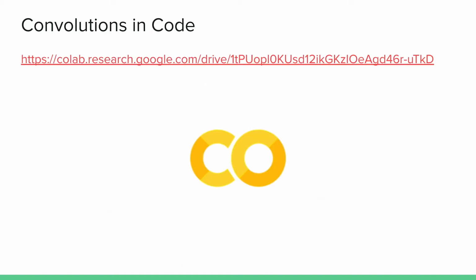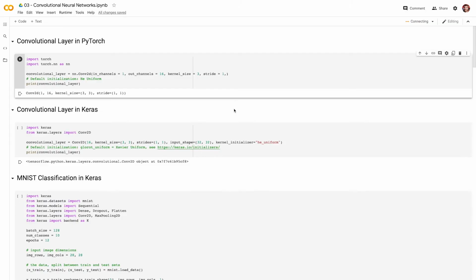So let's take a look at how this actually looks in code. I'm now in Google Colab, and what you can see here is a small example that I've prepared for two of the most popular deep learning frameworks that I'm using. There are a bunch of deep learning frameworks, so feel free to use any of them. I will be showing you most of the examples in PyTorch and TensorFlow or Keras, which is now pretty much the same thing.